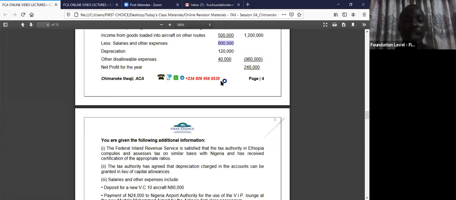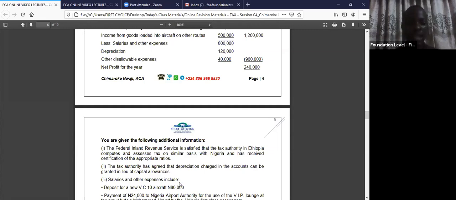So it is now you that will check which one is allowed and which one is not allowed. So when they say comprise, it means they are telling you the breakdown of this whole 800. But when they tell you include, you find out that all the things they are going to tell you are not up to 800. Just know that everything there requires adjusting. That means everything is not allowable.